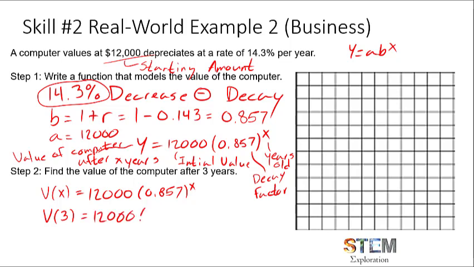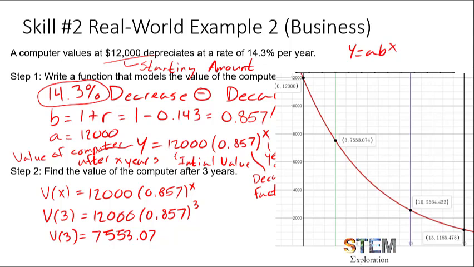Since we've been doing a lot of function notation, why not use it? Take that to the third power. And so we would need to solve for this, and the value of this computer after 3 years would only be $7,553. And let's go to the nearest cent, since that's how money is used.